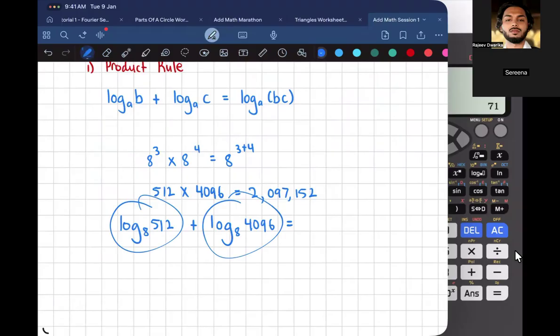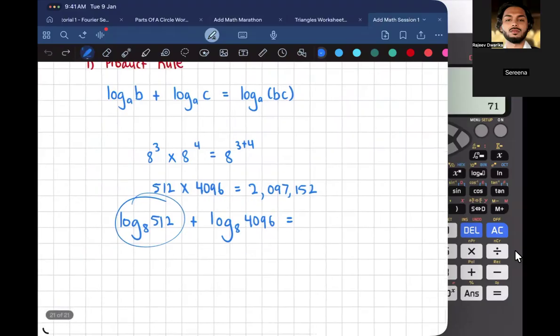Yes. So if I know that 512 is the same thing as 8 to the power 3, the power for this is 3. And what's the power for this one? 4. Right. So 3 plus 4 is? 7. Right. So Serena, that makes sense, right? Yes, sir. Now, look at how this is gonna work.